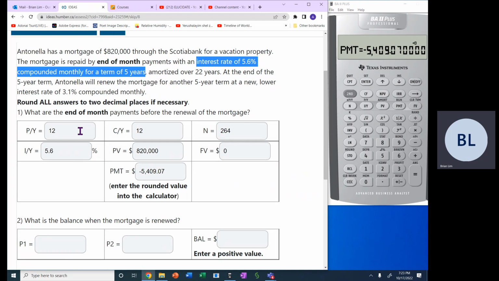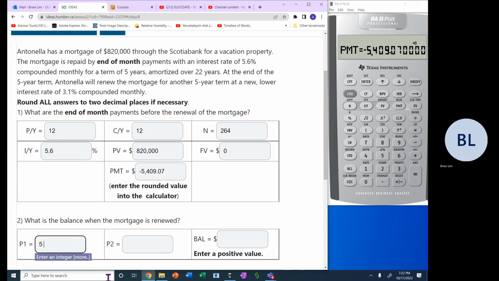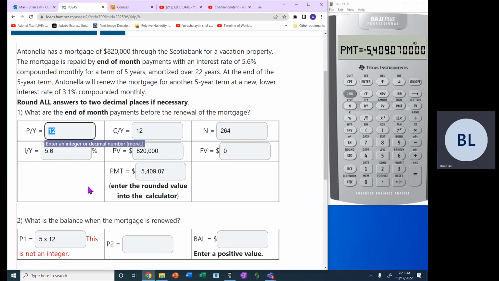So we have to take 5 and multiply it by 12 to get the N value. So this N value here is 5 years times 12, this number right here for P/Y, and that would be equal to 60.